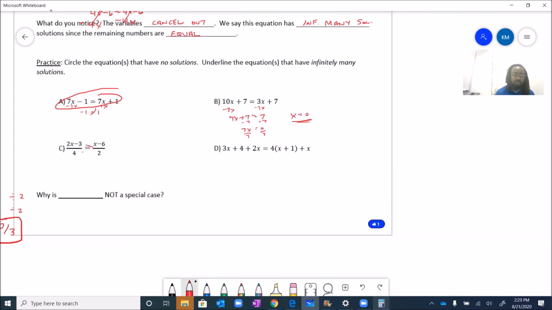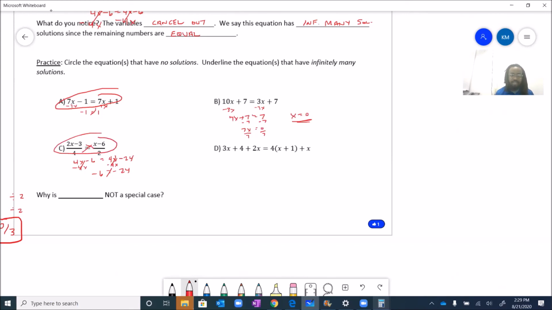C, as we distribute, we have 4x minus 6 equals 4x minus 24. Hopefully you see it at this point, but I'll take it one more step just in case. Subtract 4x from both sides, and I get negative 6 equals negative 24. That's not the same. So there's no solution here.